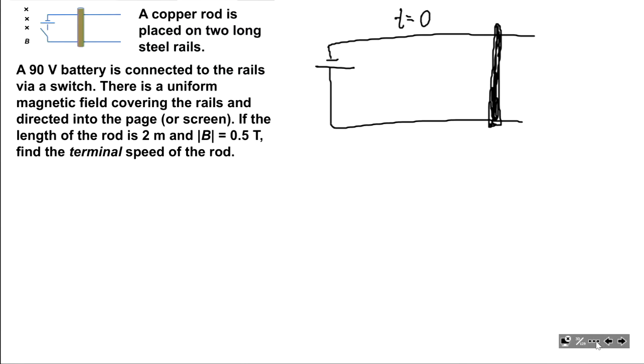So electric current and magnetic field result in a force, again one more time, acting to the left. How do we calculate this force? Well, that's Ampere's force: current, length of the rod, magnetic field.